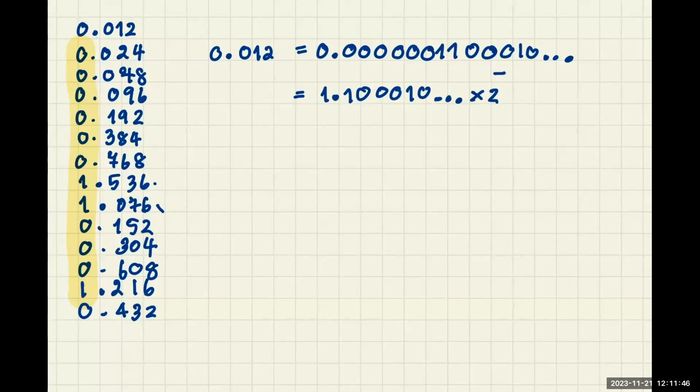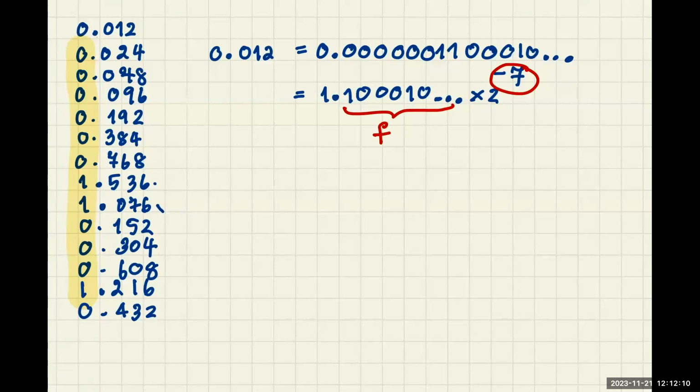How many places? 1, 2, 3, 4, 5, 6, 7. So 7 places, minus 7. This part is your F, and this part is your C.